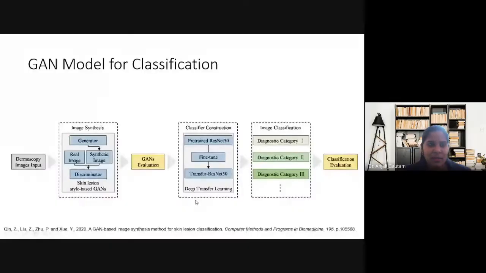Again, sorry for the interruption. I have told this GAN model.